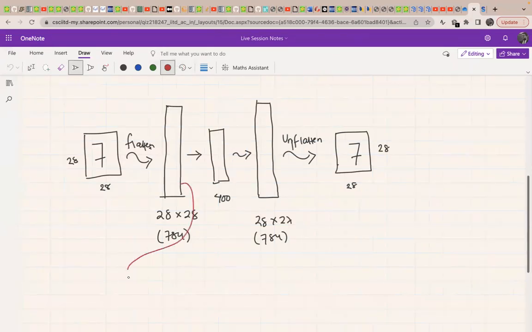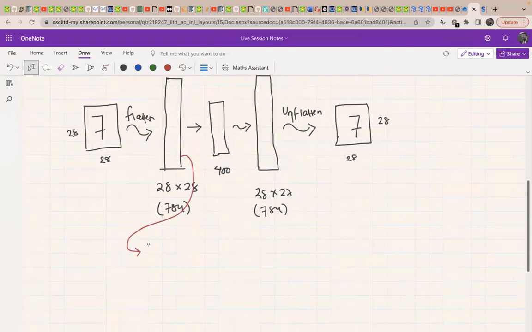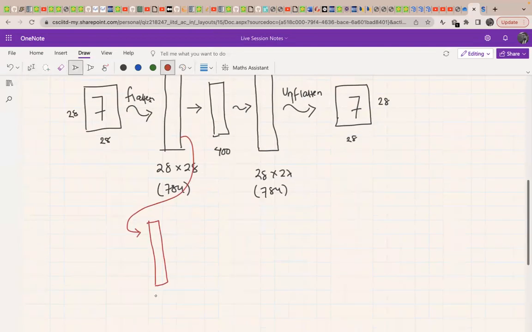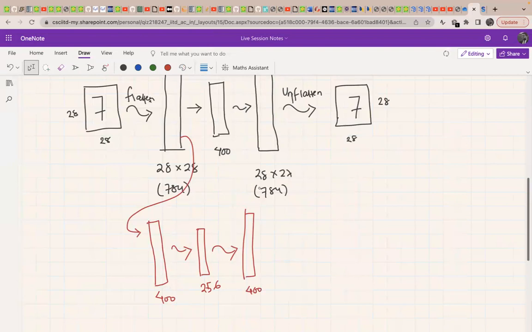So this will be passed to a 400, then that will be passed to a 256, again passed to a 400.